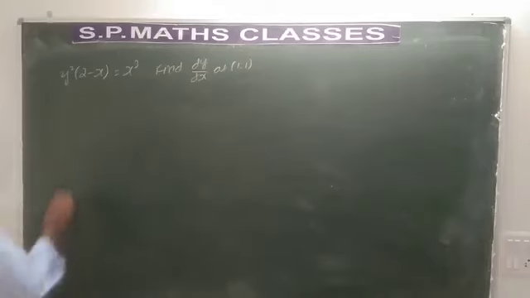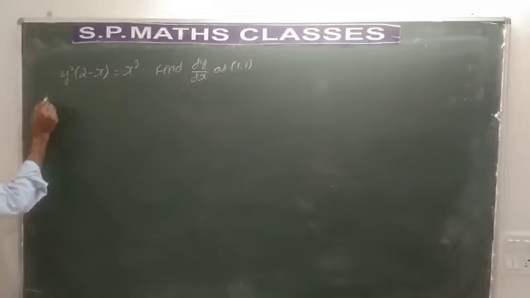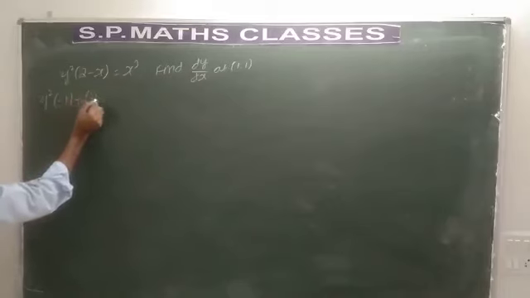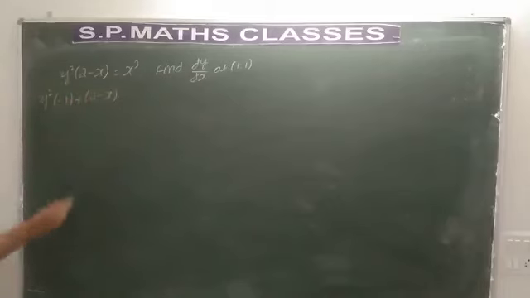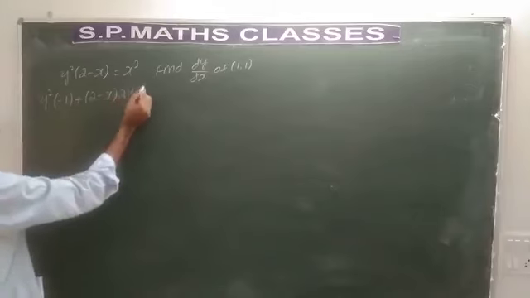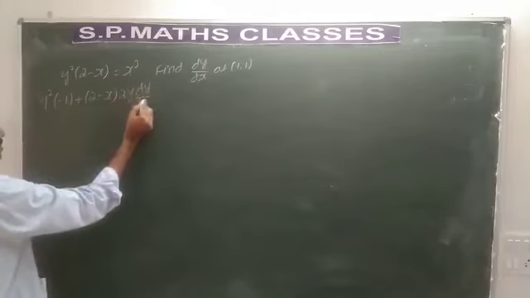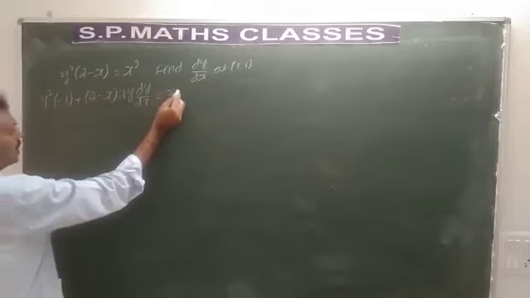Let us take the derivative first. First function, derivative of second. Derivative of 2 minus x is minus 1. Second function, 2 minus x, derivative of first, 2y into dy by dx. That's equal to 3x squared.